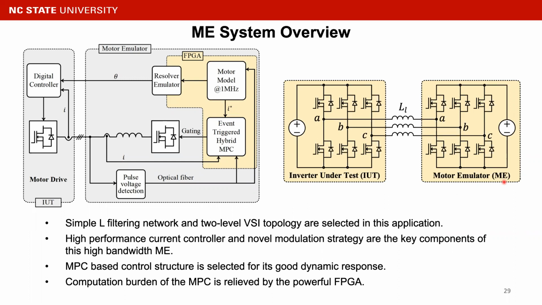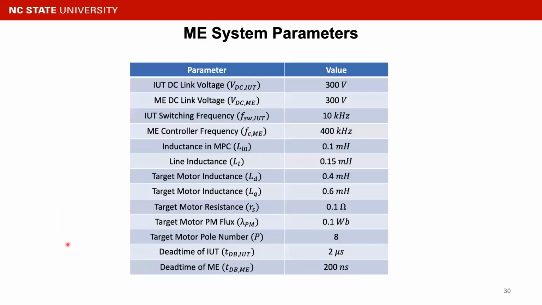A high performance current controller and the novel modulation strategy are key components of this high bandwidth motor emulator. The model predictive control structure is selected for its good dynamic response, and the computation burden of the MPC and the motor model is relieved by the powerful FPGA. And here are the system parameters for our motor emulator system.